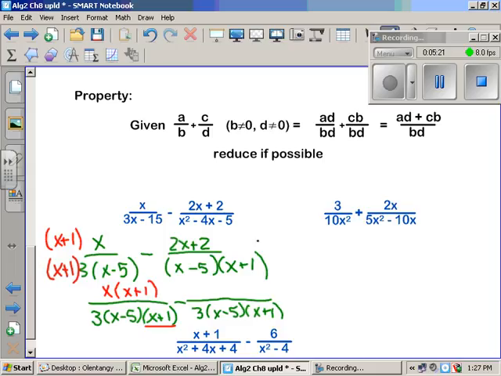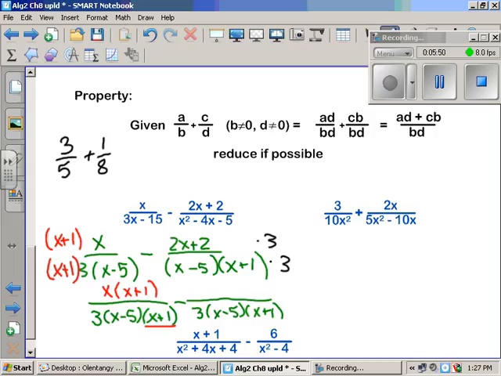So here, because I need my common denominator to be 3 times x minus 5 times x plus 1. Okay? Why? Because I need both denominators to be the same. So just like if I had 3/5 plus 1/8, how would you add those two together?